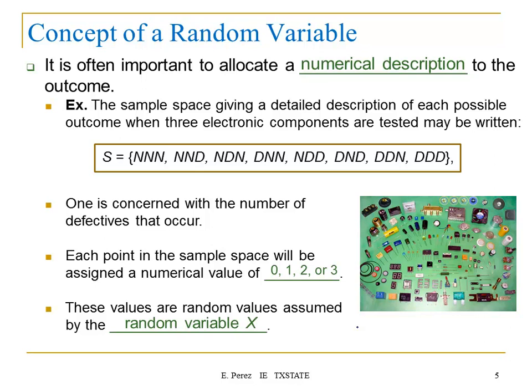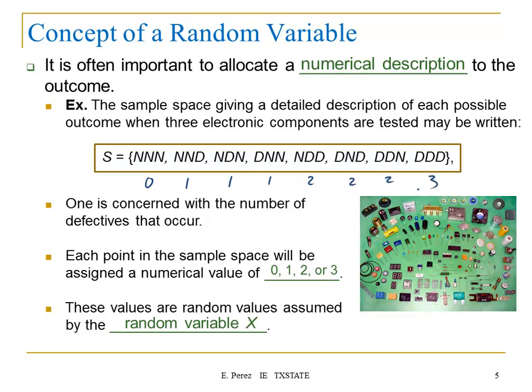So for example, if we look at that sample space, the one that is N, N, D, and so on, if you were to assign a value to each outcome, starting with the first one, and you're counting the number of defectives, what would be the value of the first one? 0, 1, 1, 1, 2, 2, 2, and 3.